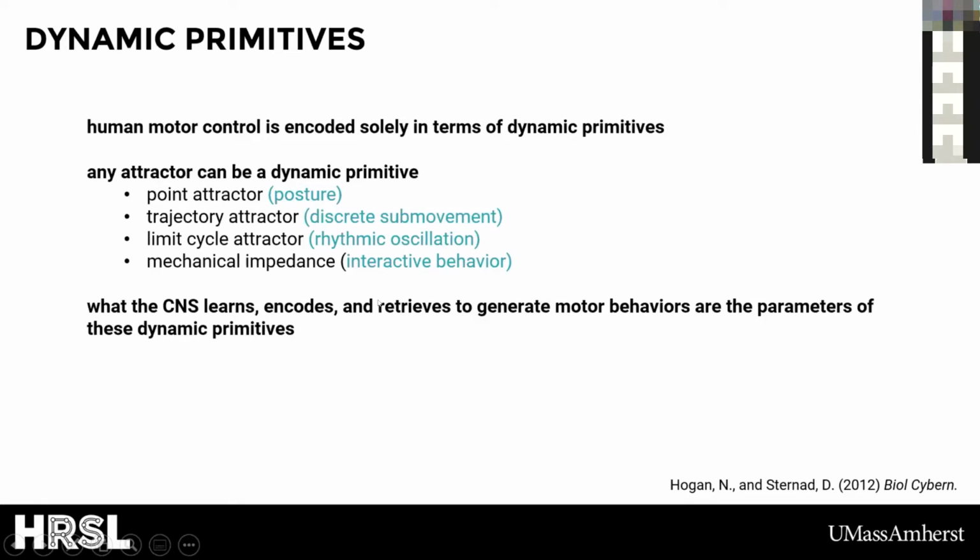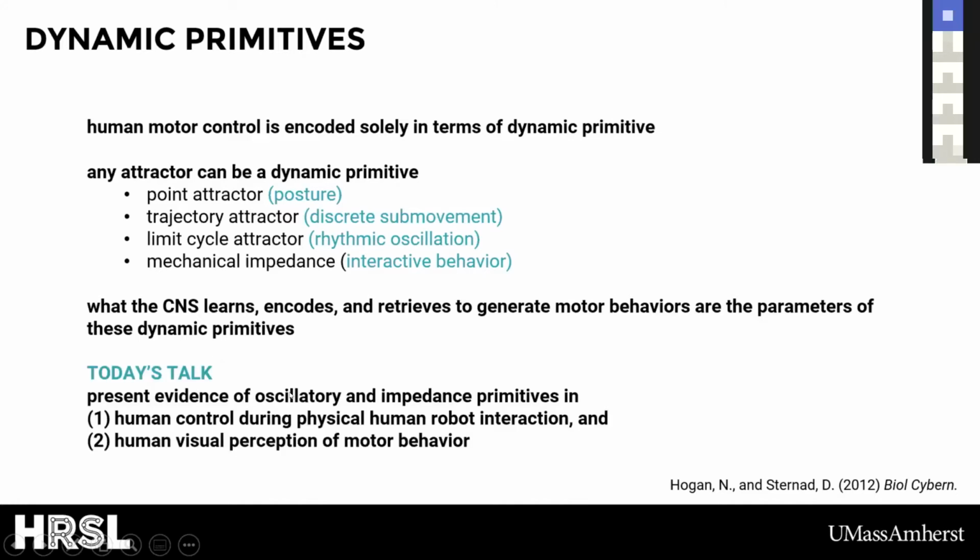The idea is that what the human central nervous system learns, encodes, and ultimately retrieves in order to generate motor behaviors are the parameters of these dynamic primitives, which ultimately simplifies interaction control. In today's talk, I'm going to present some evidence of oscillatory and impedance primitives in two different applications. One is in human control during physical human-robot interaction, and also during human visual perception of motor behavior.